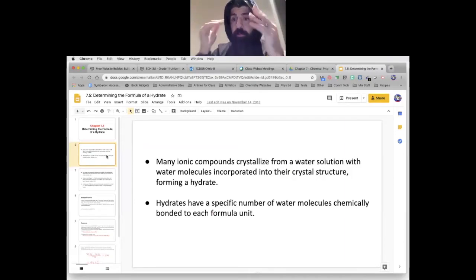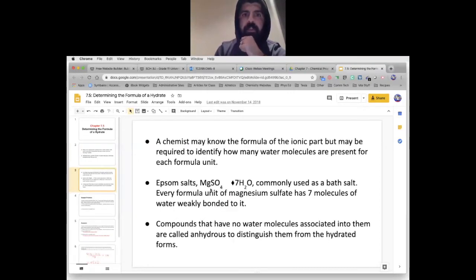That's where we use the Greek prefixes and the term hydrate to tell us how many of that value we have. Here's an example: Epsom salt, magnesium sulfate, dot, 7H2O. So that's a heptahydrate. We've got 7 molecules of water weakly bonded around magnesium sulfate.